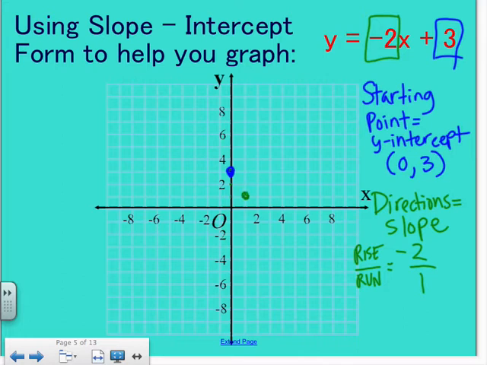And there's another point. Down 2 over 1, down 2 over 1, etc., and that's my line. So that's how you can graph a linear equation using slope-intercept form. It's another way to graph other than using the table. And honestly, I think it's a much easier way to graph, okay? You're given your starting point, you're given your slope, and you use both of those to graph.